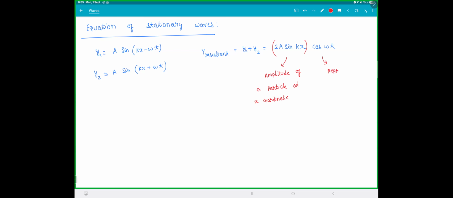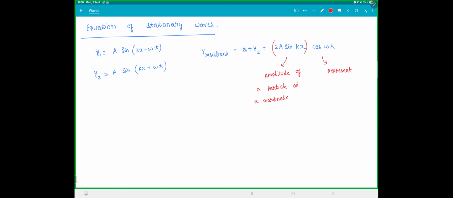So basically, a stationary wave is nothing but infinite particles oscillating in SHM with different amplitudes. What is a progressive wave? Infinite particles oscillating in SHM with same amplitude. Meaning, if you have to break it down into the simplest form, that is what I'll call. The regular wave we study is an SHM of infinite particles. All have same amplitude, but all are out of phase. Everyone has a different phase angle. You are going to extreme at some other time. I go to extreme at some other time.